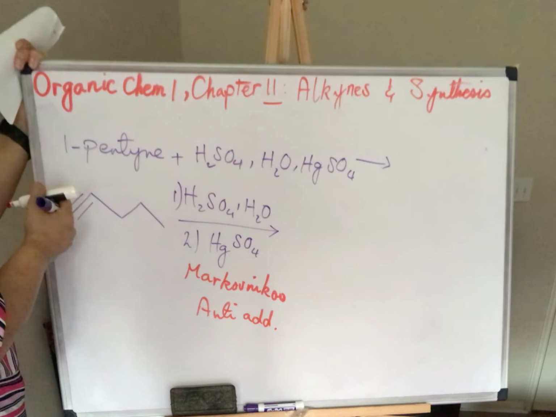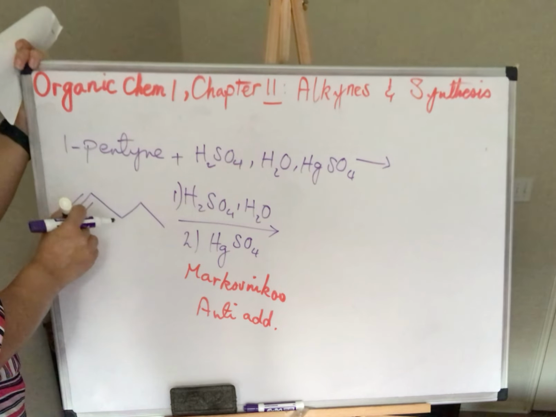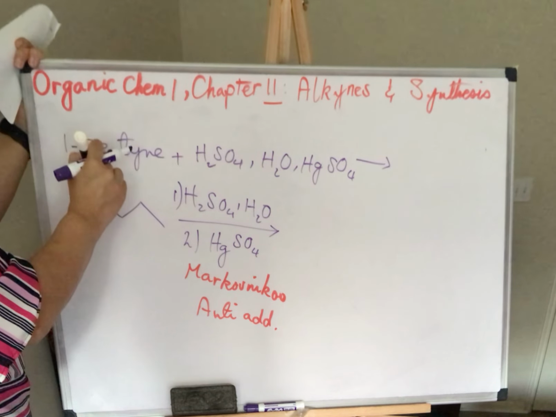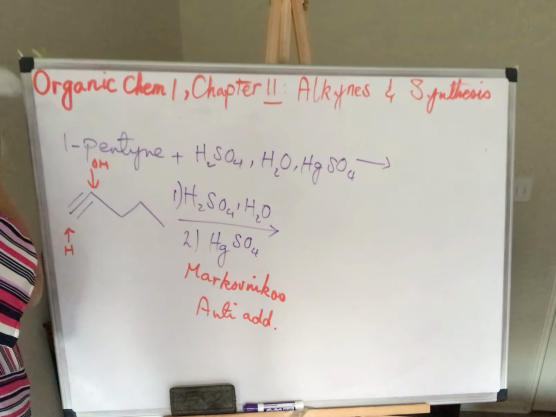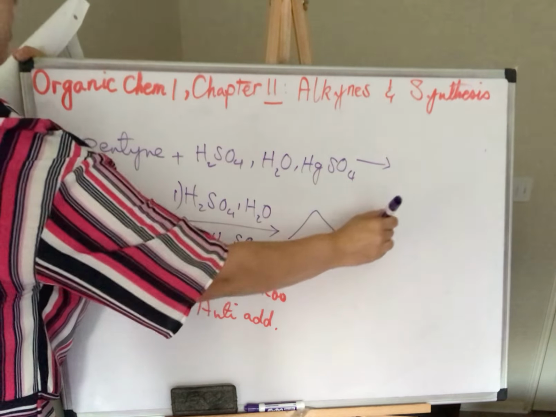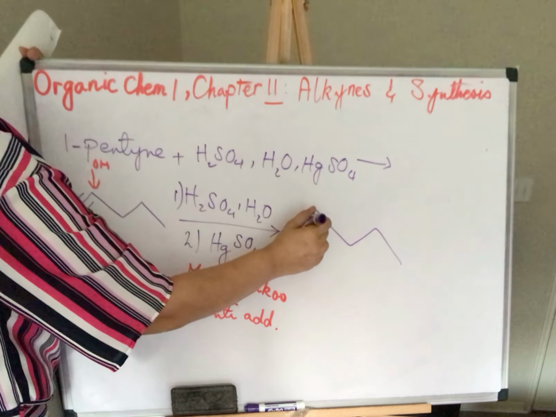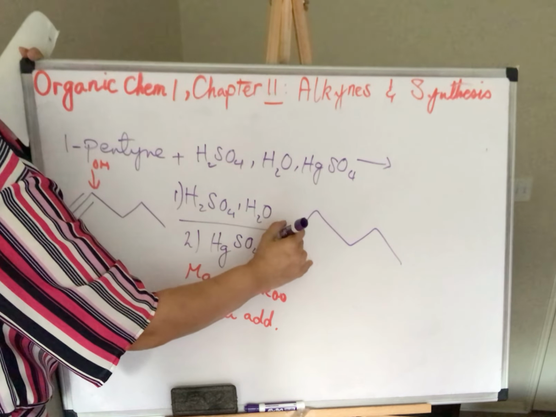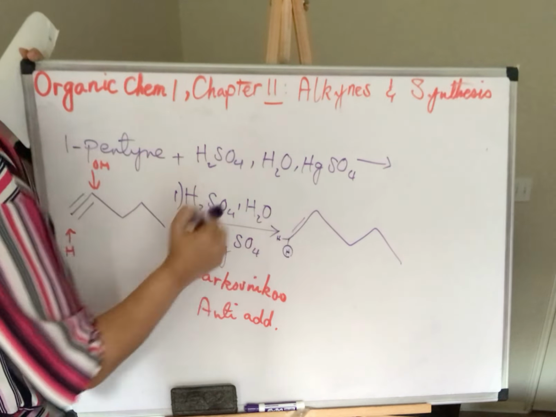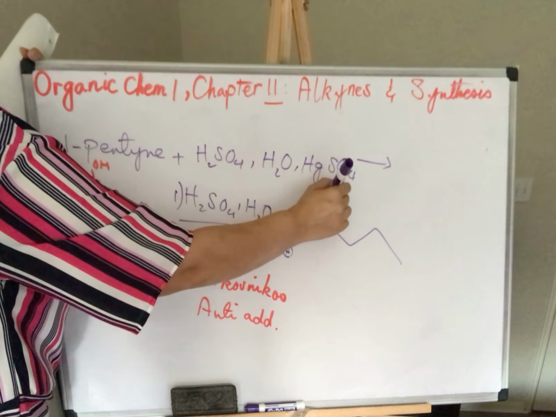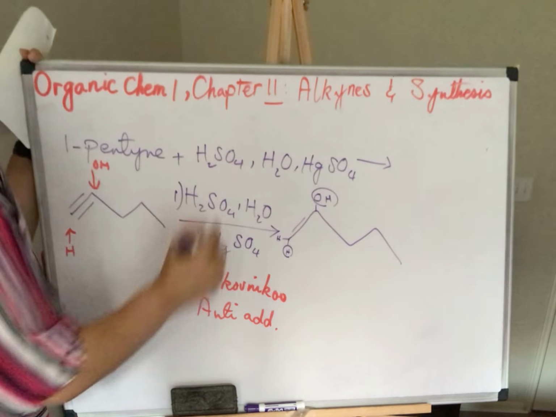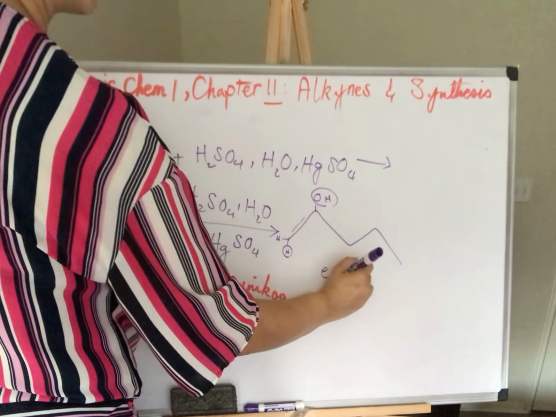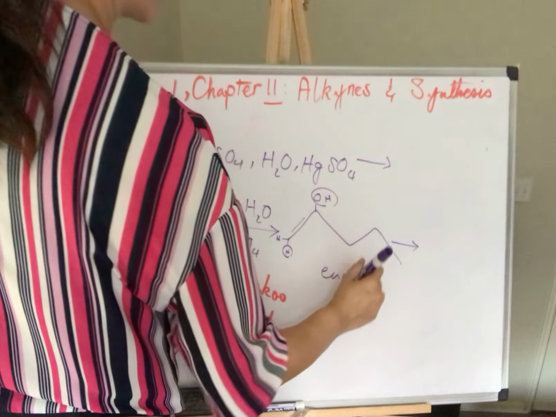Markovnikov means this has already one hydrogen. So hydrogen will be added to this carbon. OH will be added to this carbon from opposite positions to show the anti-addition. Okay, so you have a double bond and you have hydrogen here, two hydrogens now, right? This is the hydrogen added, and OH is added here, right? Now hydrogen moves here, double bond moves here. That's the enol. We never have enol as the final product.